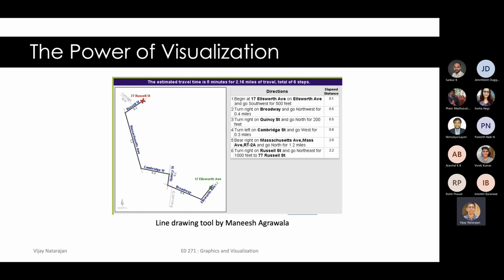So you know your home. So here the home is I think Ellsworth Avenue, and you know that this is the direction in which you go, and how you turn, and where is your destination with respect to your origin, right? So it gives you some context. It tells you some of the intersecting roads, but your focus is on the road that you are going to take, right?